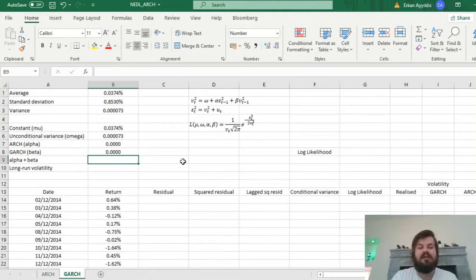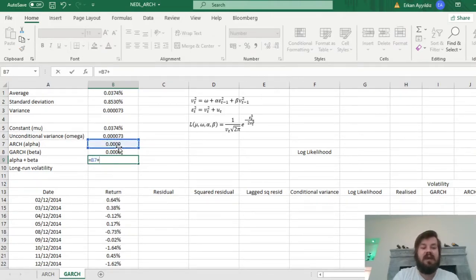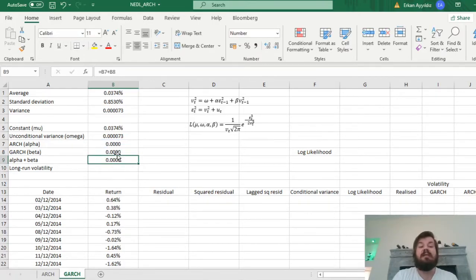Also, we need to calculate our alpha plus beta, so the sum of the 2 parameters. And the crucial bit is that this sum should never be higher than 1, because as you remember in the ARCH model video, we have discussed how alpha gets into the formula for long-run volatility. And if alpha was higher than 1, then the infinite series would not converge and the conditional volatility in the long run would explode.